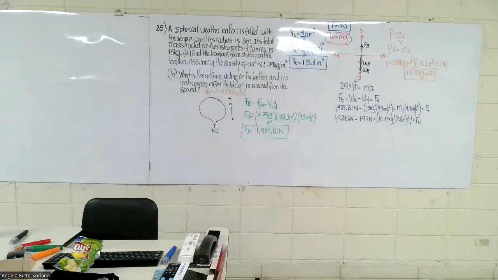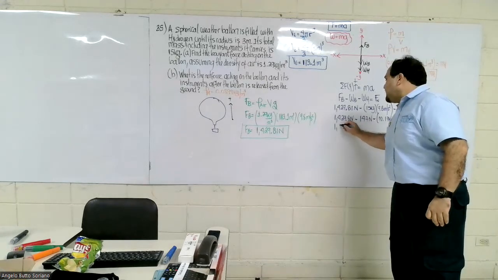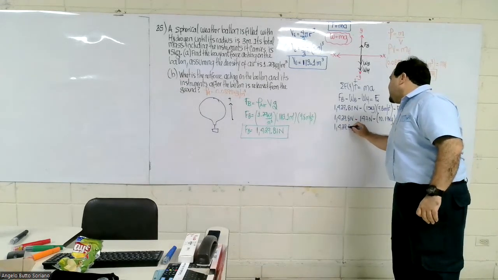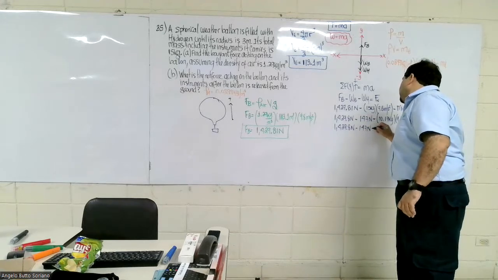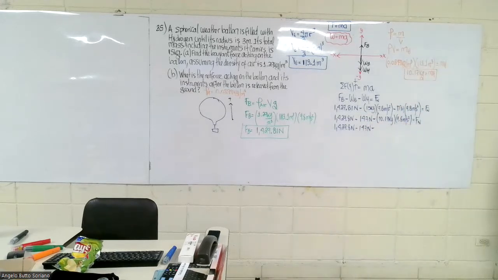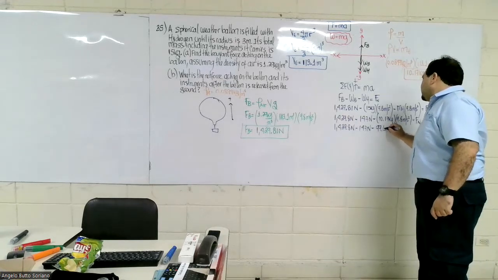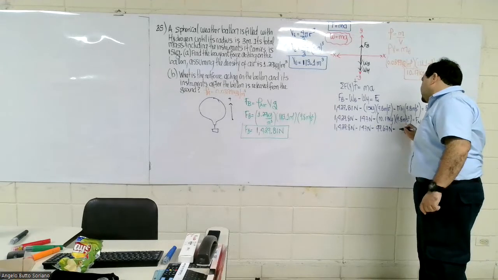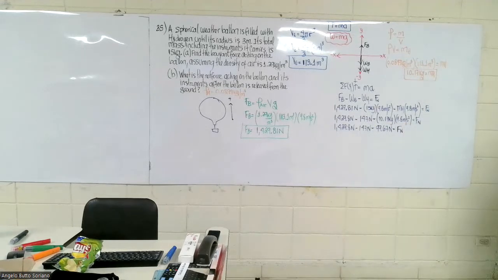Let's do it step by step. 1,429.8 newtons minus 147 newtons minus, please multiply the last two terms, 99.67 newtons, and this is going to be the net force.